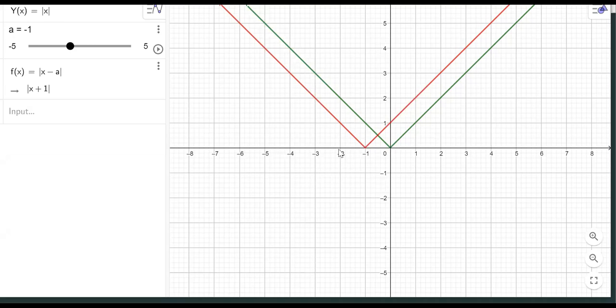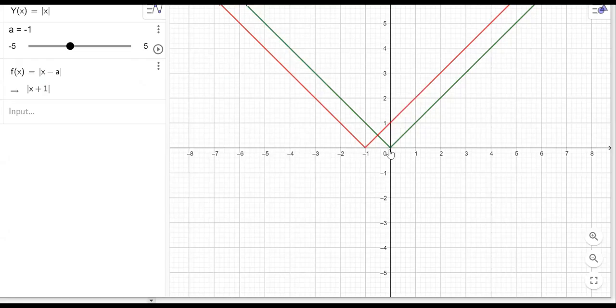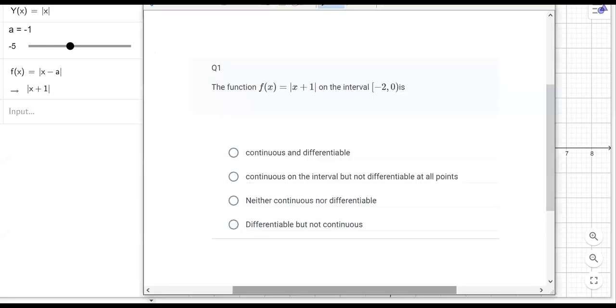Now the given interval in the question is -2 to 0. So from -2 to 0, the function graph will just be this portion. Let us plot, I'll copy this.